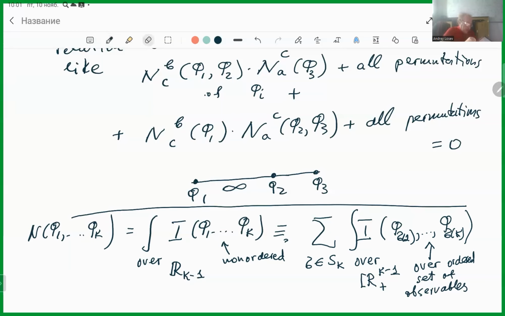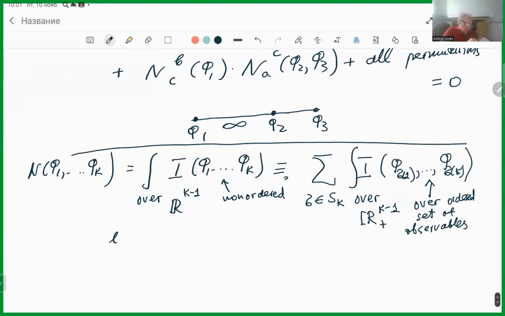And here, I'm sorry, k minus 1 should be here. Like n of phi 1, phi 2 is the integral over R of I phi 1, phi 2.